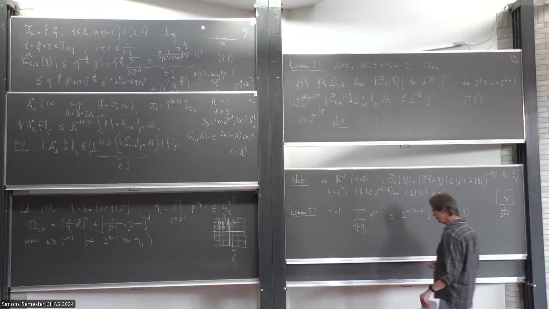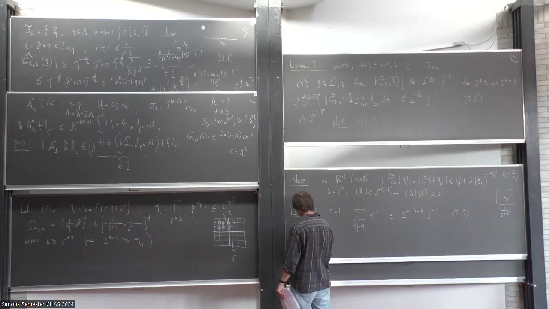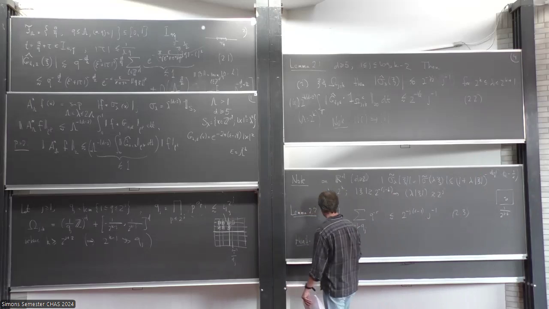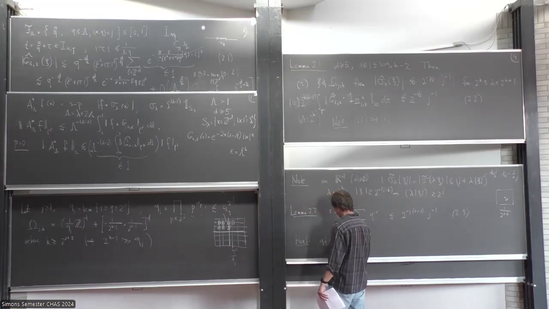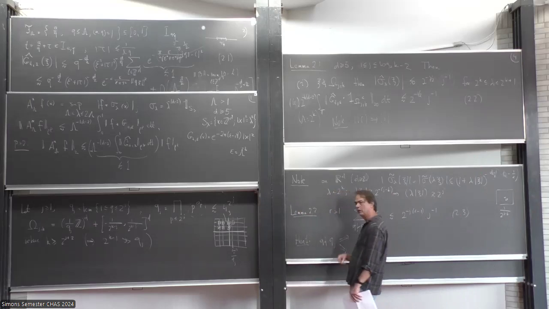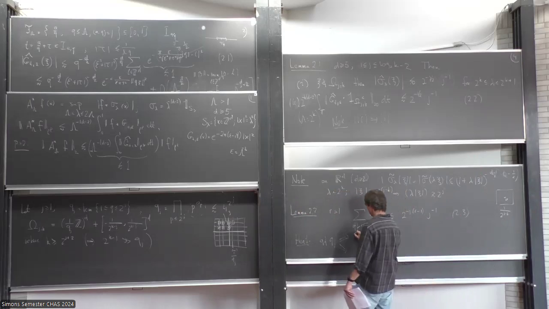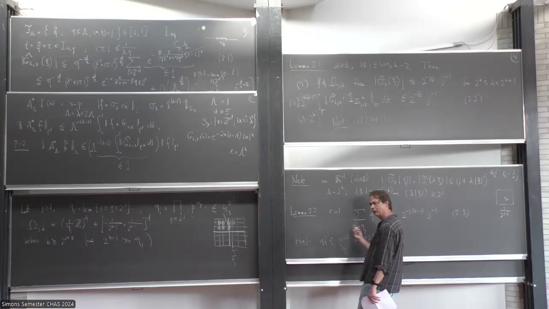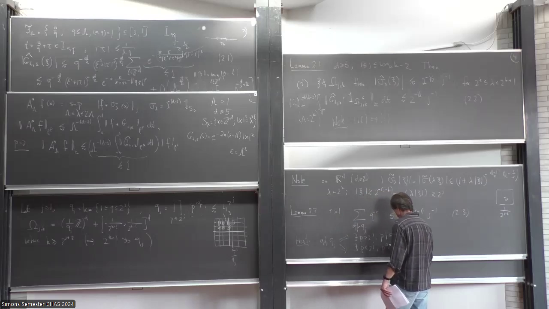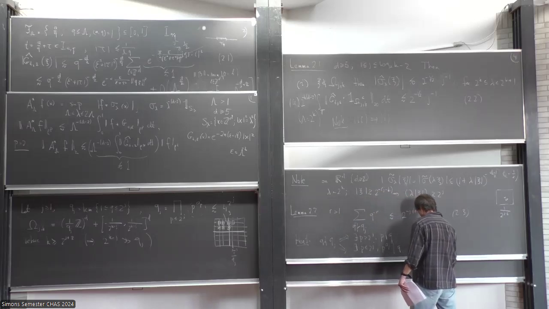So the hint here is if q does not divide q_j, then there are two possibilities. Either it has a large prime divisor, which is a prime divisor bigger than 2 to the j, or there exists a small prime divisor, but q contains a large power of it: p to the a divides q, where p to the a itself is bigger than 2 to the j.